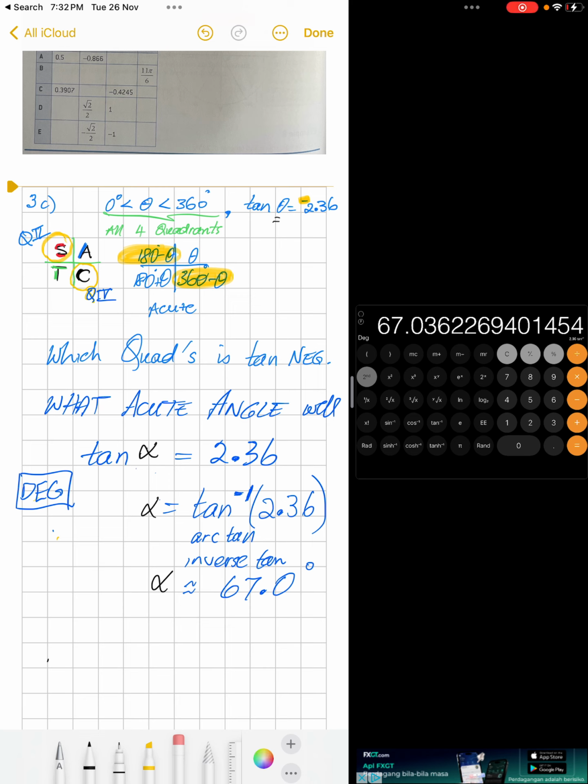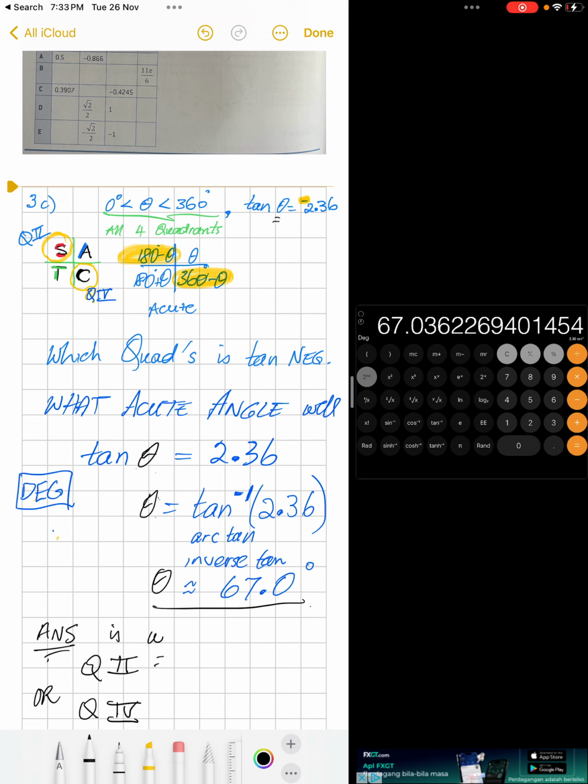Just know that this theta is not the answer theta because our answer theta cannot be our first quadrant angle. All right, we say our solutions or our answer is in quadrant 2 and quadrant 4.